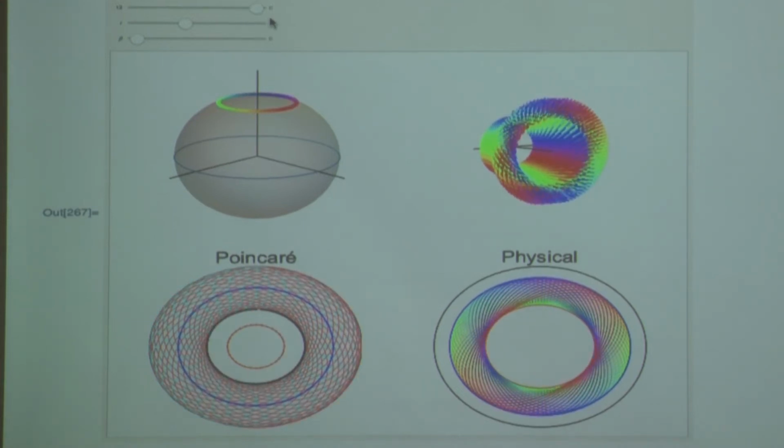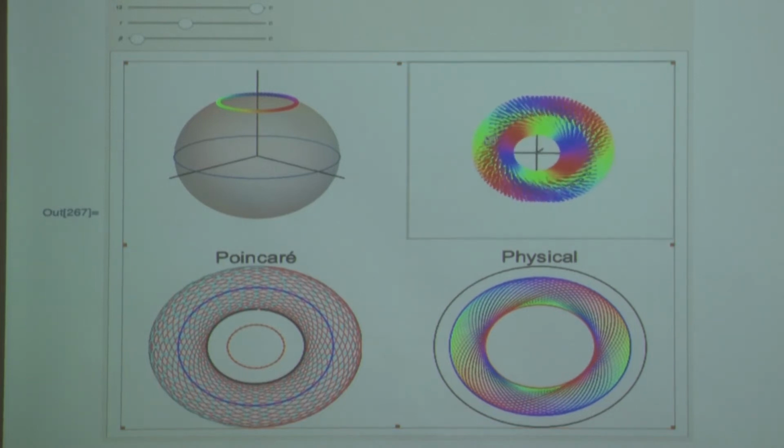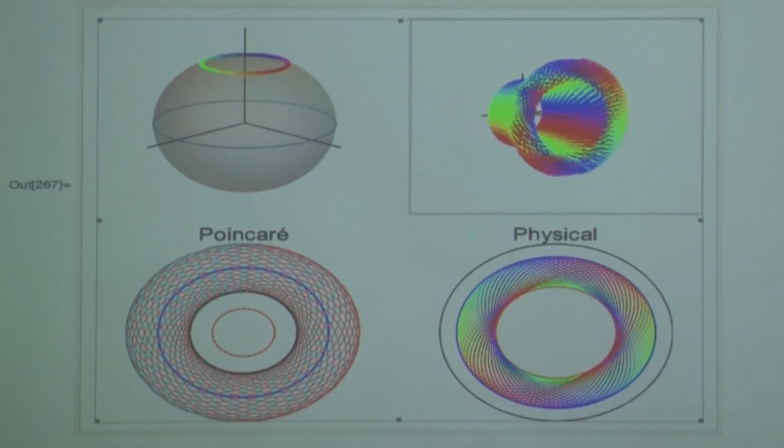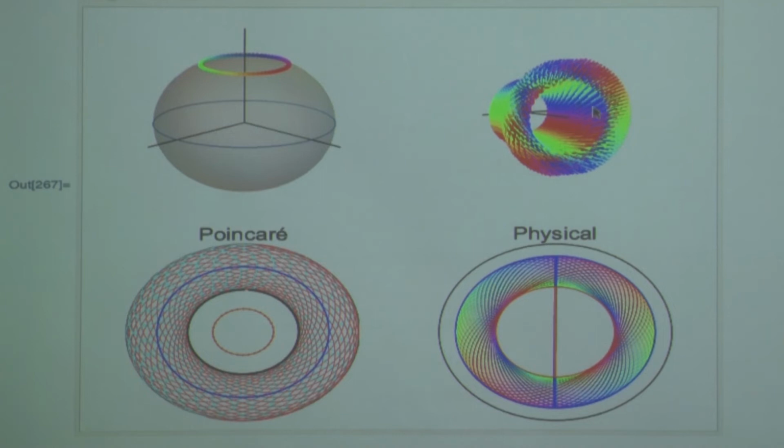And now I have a ray representation of something that starts to remind me of Laguerre Gaussian. It's dark in the center, it's dark outside, and it's round, and it has angular momentum. Each one of those ellipses of rays corresponds to a point here at the same height on this sphere.